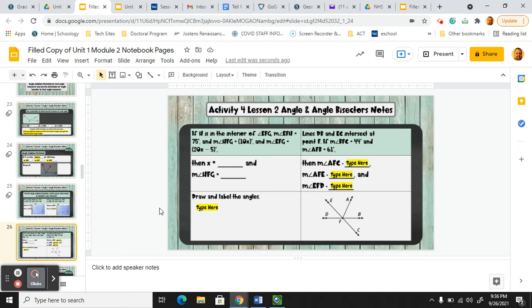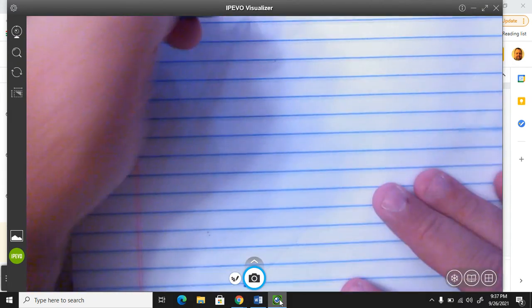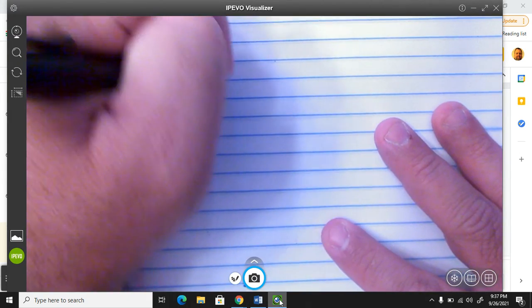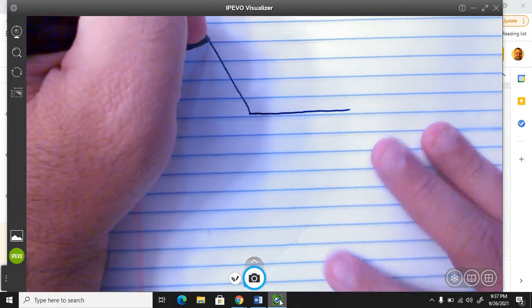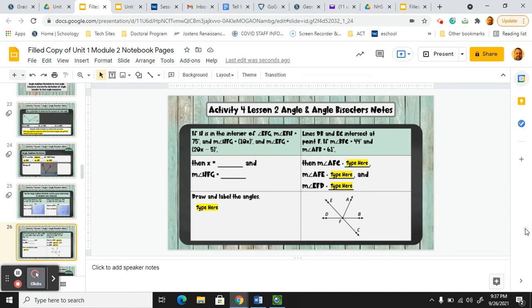Okay, the next example. If H is in the interior of EFG. Okay, so H is in the interior of EFG. So I'm just going to, again, draw the same thing. Forgot the letters though. EFH or EFG.